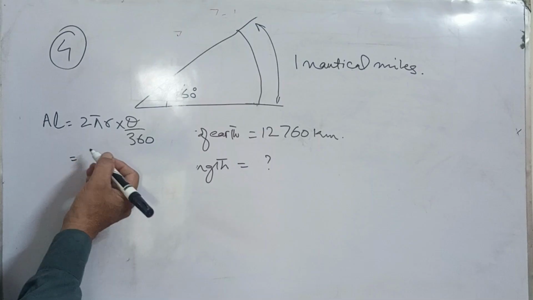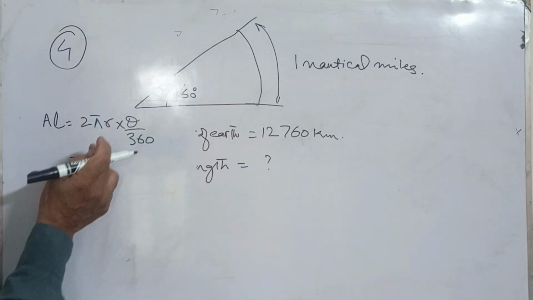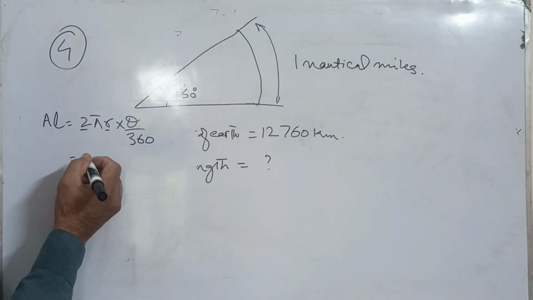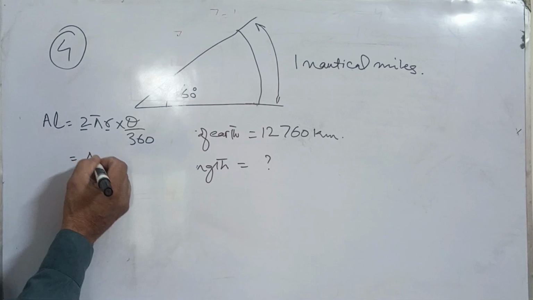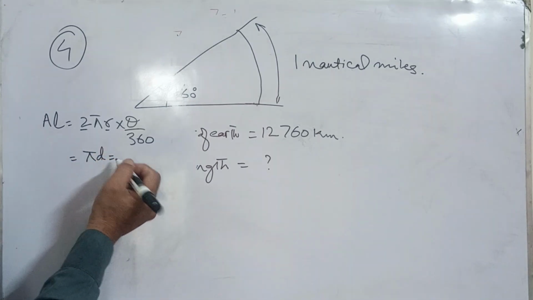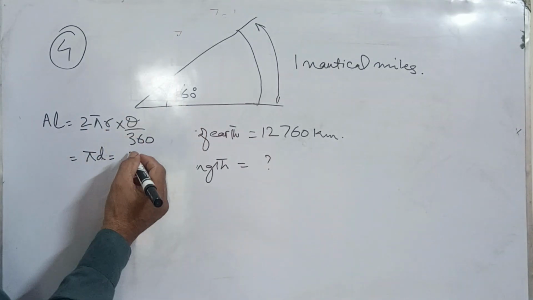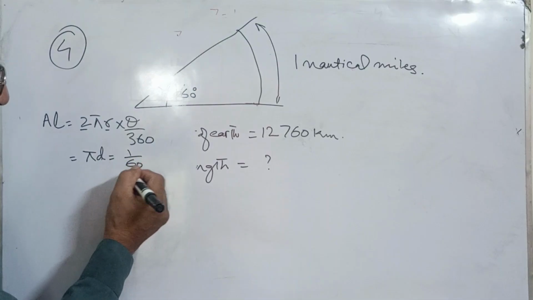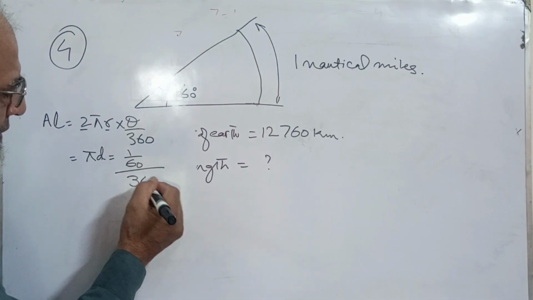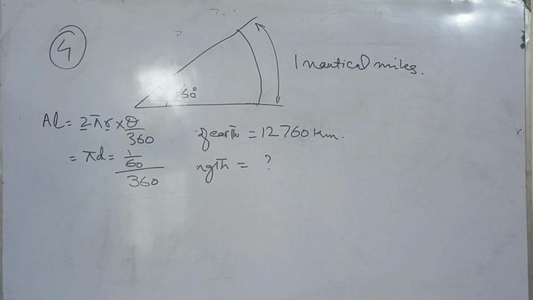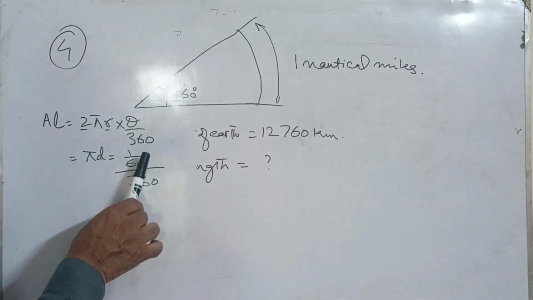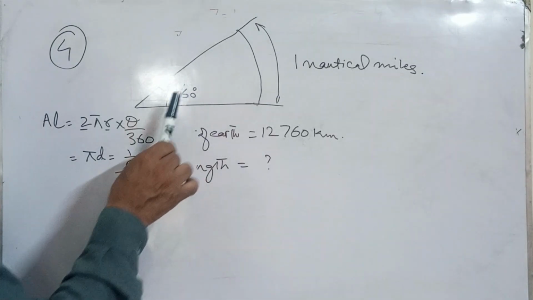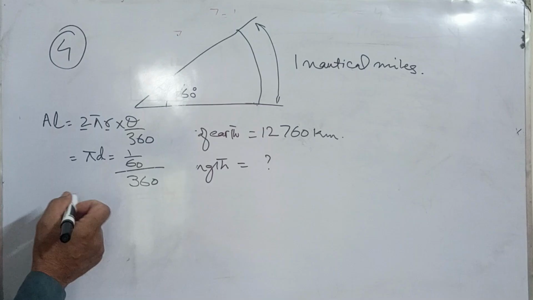What is 2 pi r? This is 2, this is r, so you can write it as pi d. And theta is here 1 upon 60, divided by 360. So you just manipulate whatsoever is theta for you.